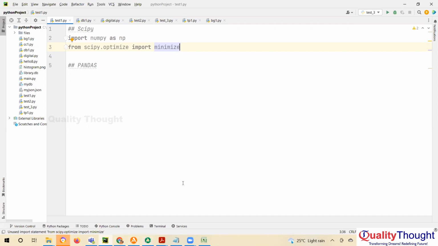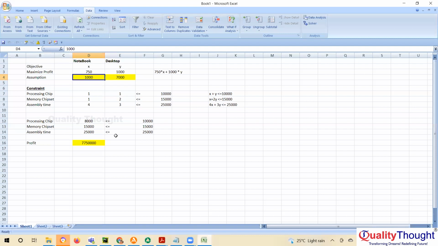So see, you want these values to be maximum, right? If you multiply this by -1, it becomes a minimization problem.